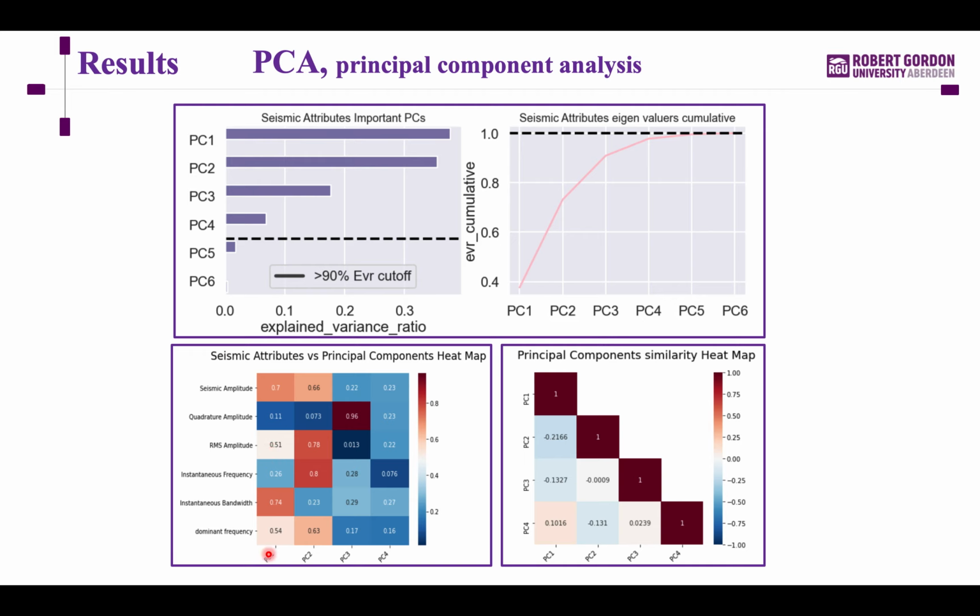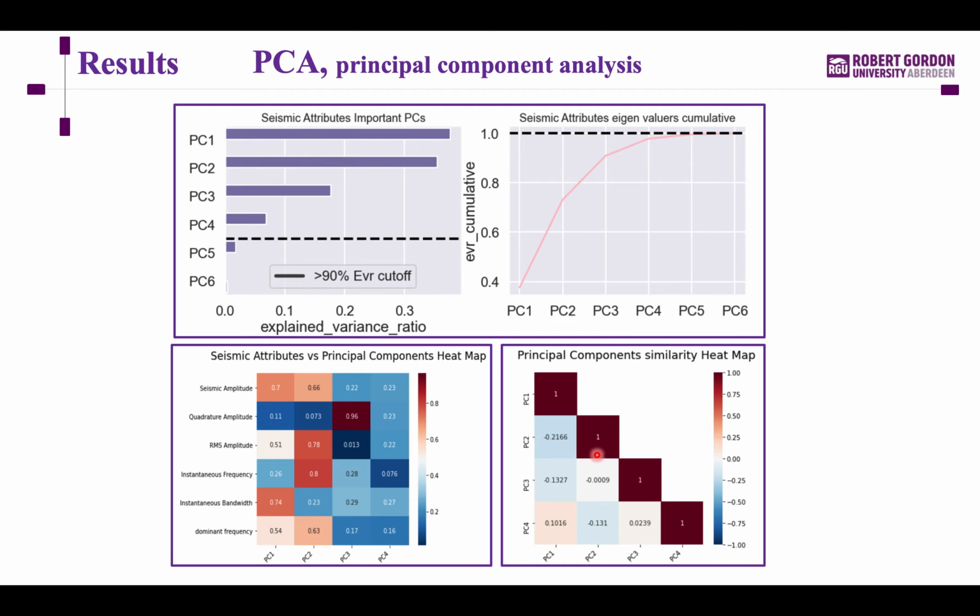For example, the attribute instantaneous bandwidth has high values, which means it is correlated very well with its PCA. And in PCA3, the attribute quadratic amplitude has very high correlation. But in general, we cannot see another attribute highlighted in a PCA with the same values in other principal components.